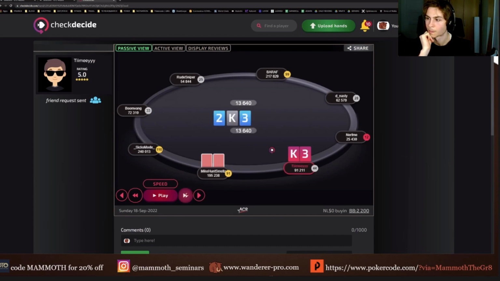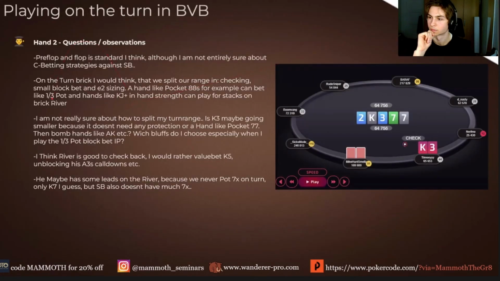King 3 deuce: we bet small, he calls, 7. We go Geo, I think. We go pot, he calls, 7 river, and we check. What I want to discuss is that preflop and flop are standard, although I'm not entirely sure about c-bet strategies against the small blind. Definitely very limited boards that you range bet on, if any.